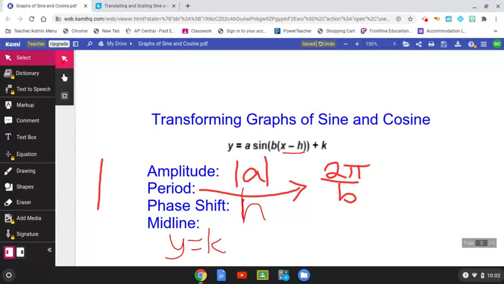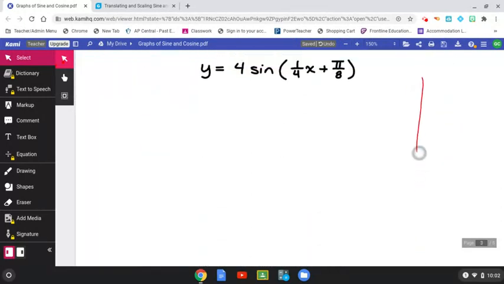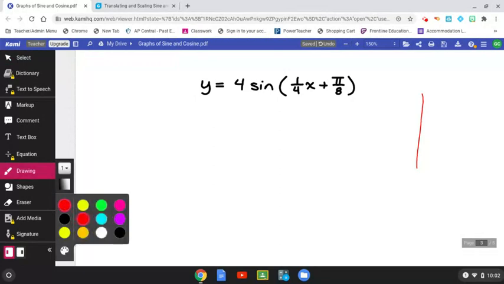Okay, so we want to make sure it's written like this. So if I factor out 1/4, I'm just going to rewrite this as y equals 4 times sine of 1/4 times x.